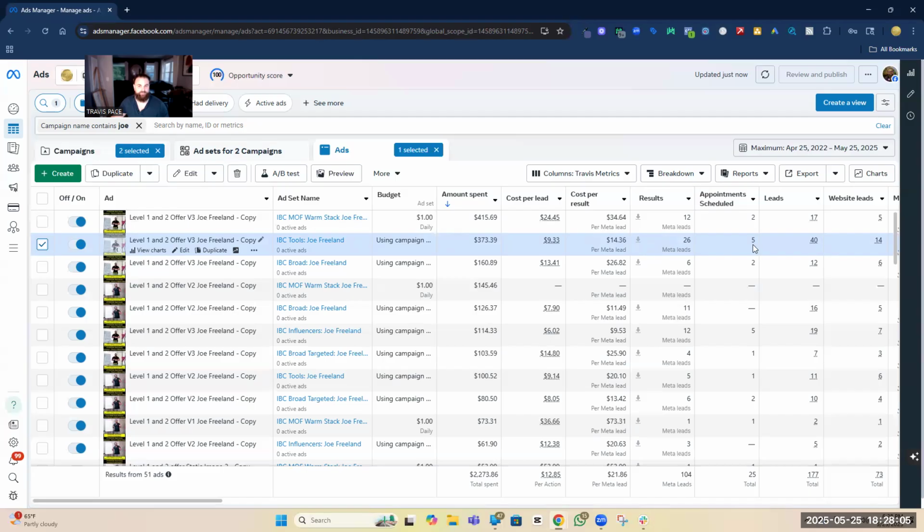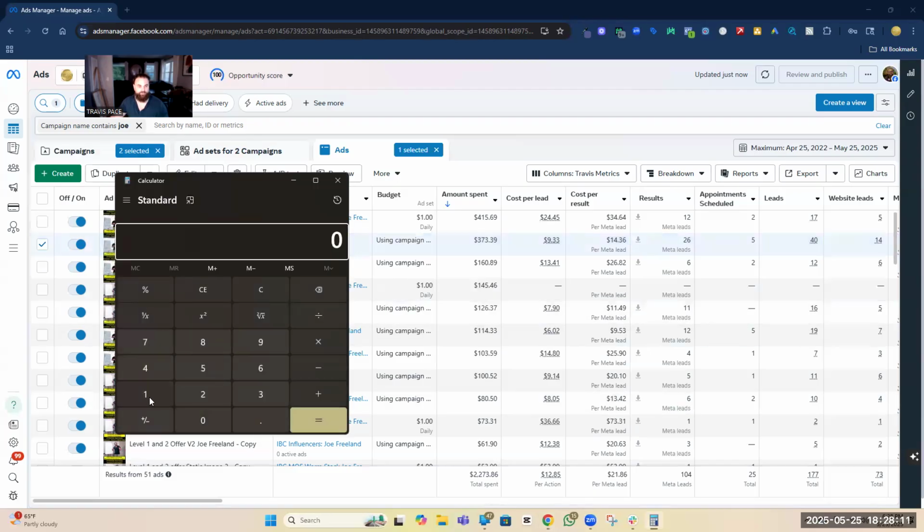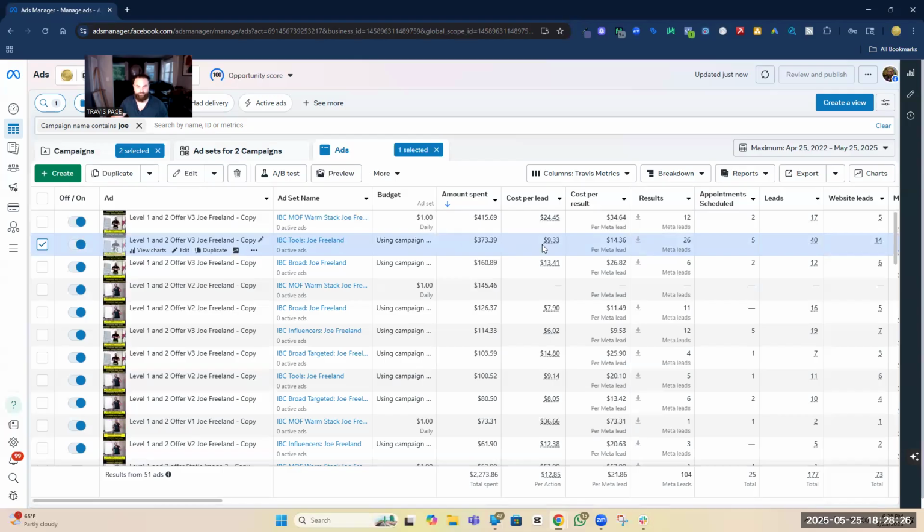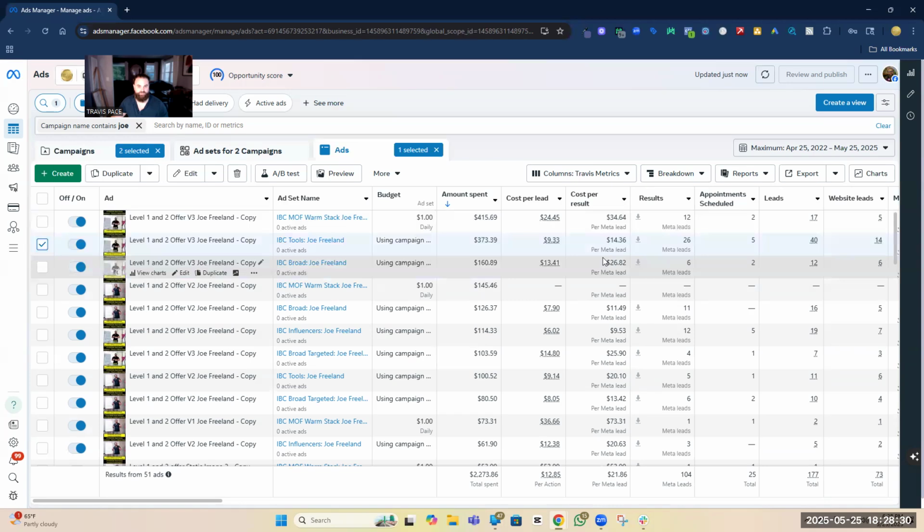And every 5 leads was booking an appointment, right? So it's $15, and every 5 leads is a booked appointment. So we started getting $75 appointments off of this one ad. Well, some of these ads obviously were a little more expensive.